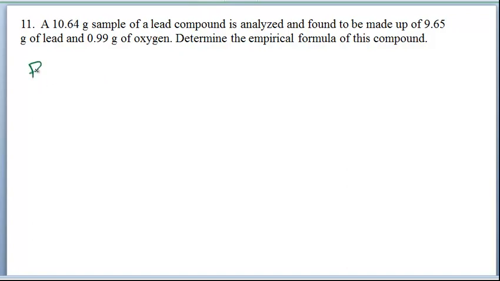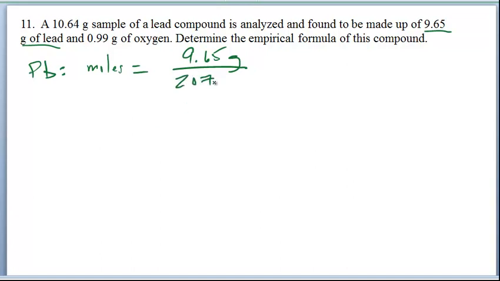So let's try that. So here's our calculation for lead. Let me indicate what we're doing here. So moles equals 9.65 grams, and we divide that by the atomic mass of lead, which is, according to my table, 207.2 grams.